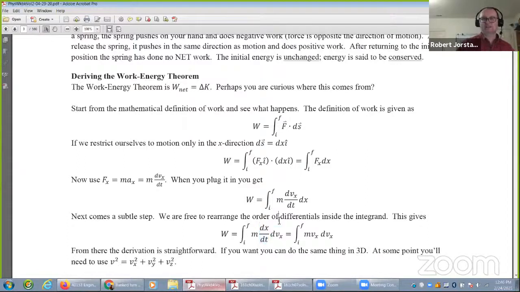But it is legal to rearrange the orders of differentials, because once you cut these things up into tiny little chunks, we assume that it's basically a parameter or a number that you could switch back and forth. And if it's not true, then you just cut it up even smaller until this is legal. So this is a crazy, uncomfortable looking feeling. But by doing this, we get the dx up here, which allows us to write this v, and you're good to go.